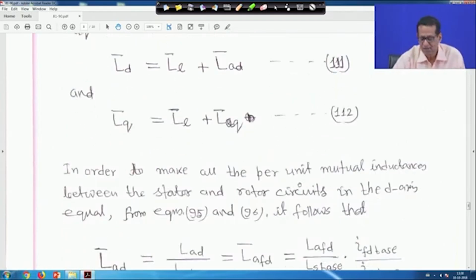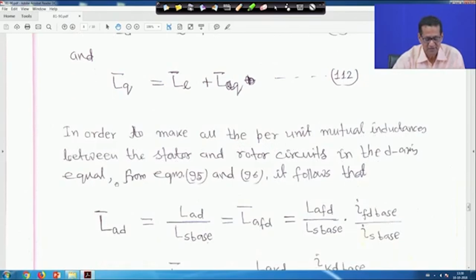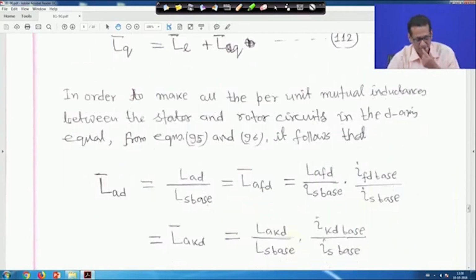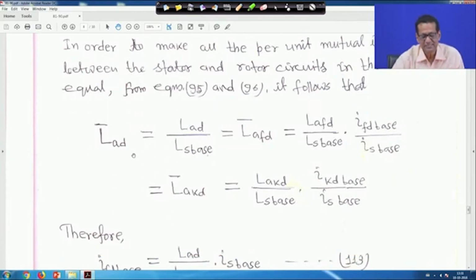In order to make all the per unit mutual inductances between the stator and rotor circuits in the d-axis equal, from equations 95 and 96 it follows that you have to make everything equal, because you have to make a per unit system either on the rotor side or the stator side.